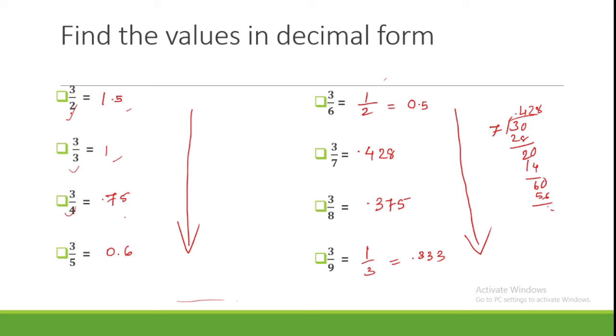The denominator in the first case is 2, in the second case is 3, in the third case is 4. So, the denominator is increasing. When the denominator is increasing, the value of the fraction is decreasing.